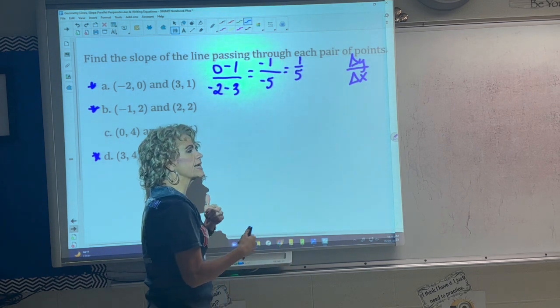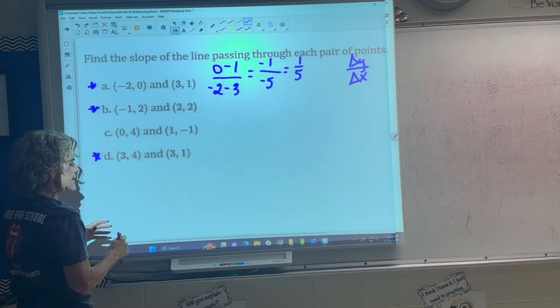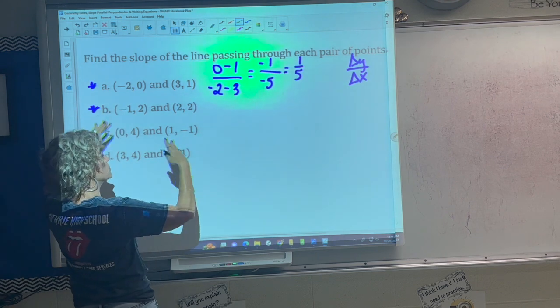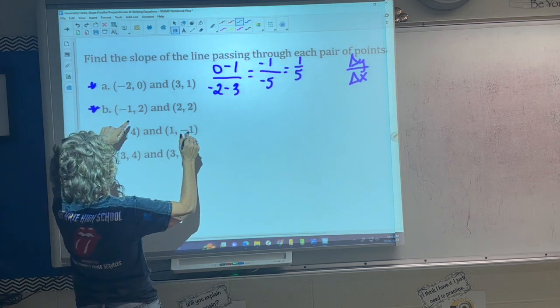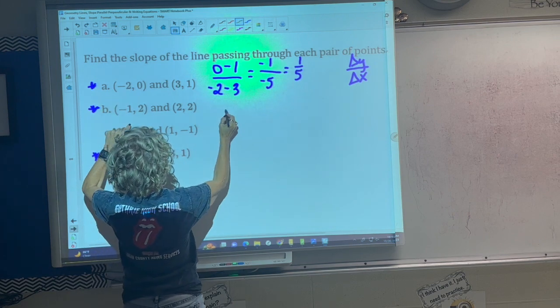So just a quick recap on how we find the slope of a line. I'm going to go ahead and do B. Again, change in y, it does not matter which one we use first. This was the one that's given to me first.